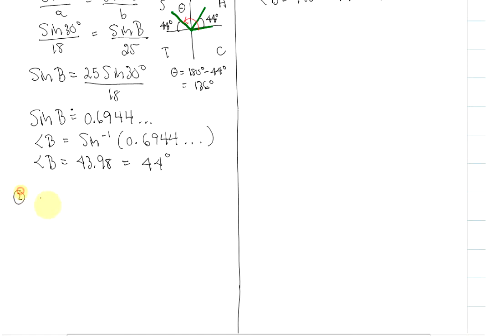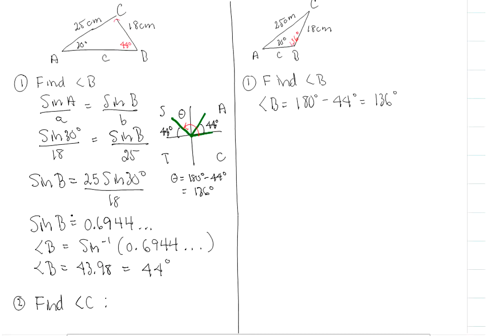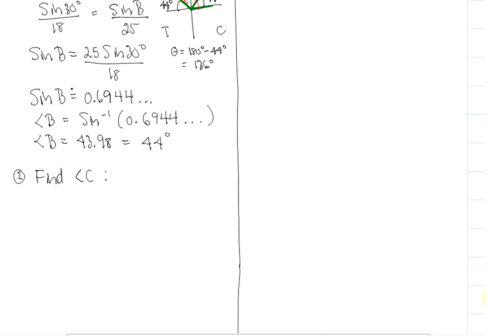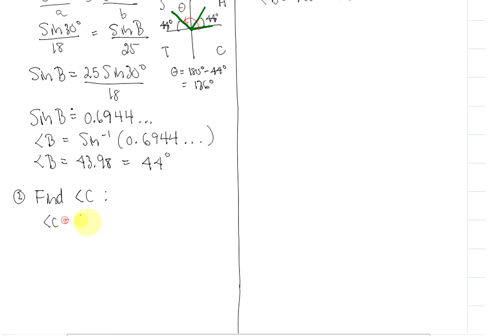Okay, so our second step is to find angle C. Now that's an easy one because we already know two angles in our triangle, so we just have to minus those from 180. So 180 minus angle A, which is 30 degrees, minus angle B, which is 44 degrees, gives me 106 degrees for angle C on this triangle.